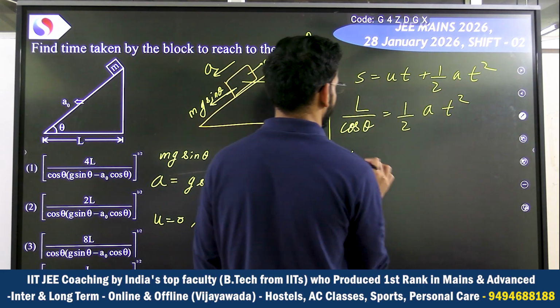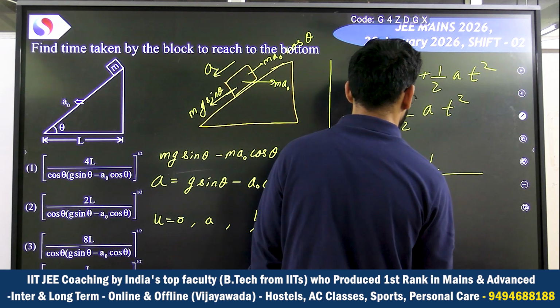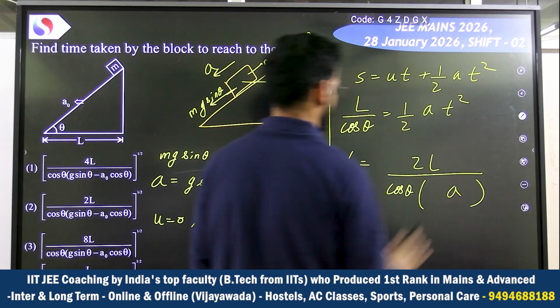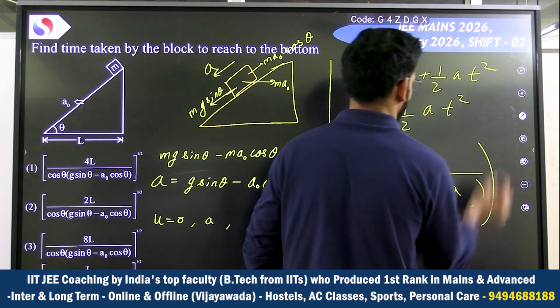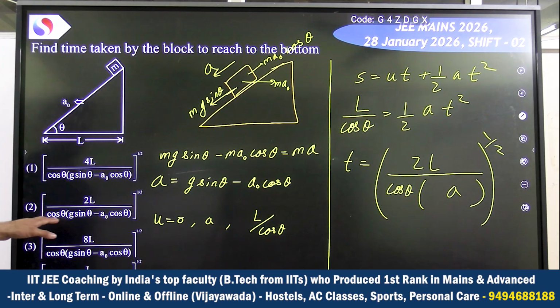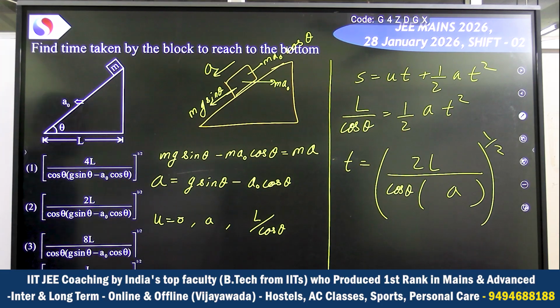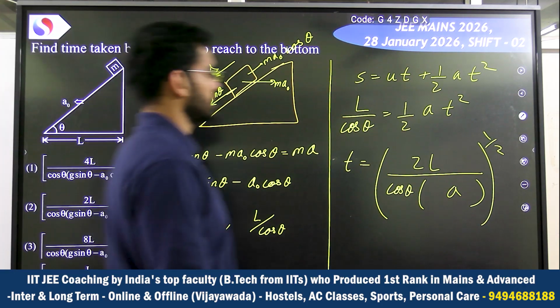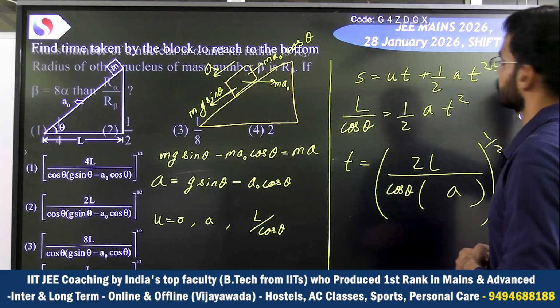So t is equal to 2L by cos theta into the value of a, whole power half. So 2L by cos theta and then g sin theta minus a0 cos theta. Checking the options, the second option is your answer. I hope this is clear. Very easy question, just pseudo force and then kinematics.